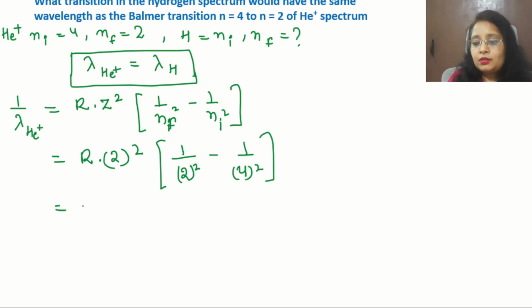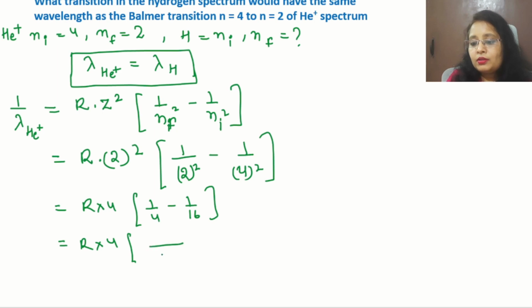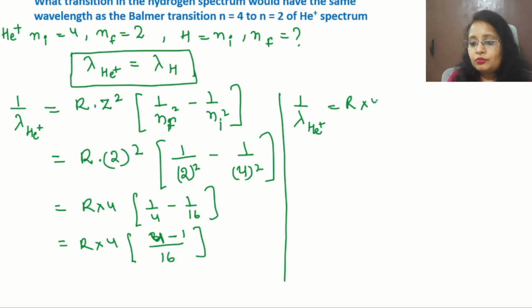Now let's solve it. R into 4, times 1 upon 4 minus 1 upon 16. Calculating inside the bracket, we'll get R into 4 into (4 minus 1) upon 16. So 1 upon lambda He+ will be R into 4 into 3 upon 16.